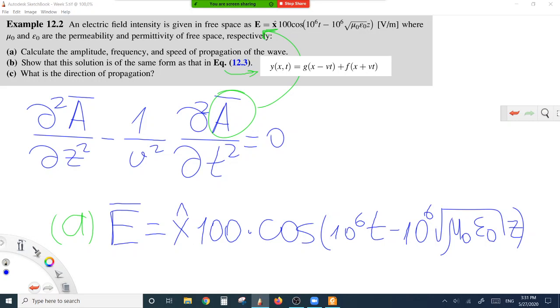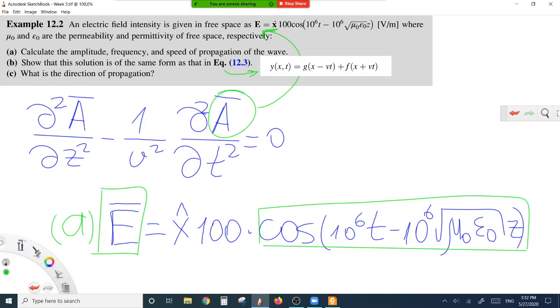We can see clearly that the electric field intensity E is a harmonic function. The fact that it is harmonic is shown by the function cosine omega t.